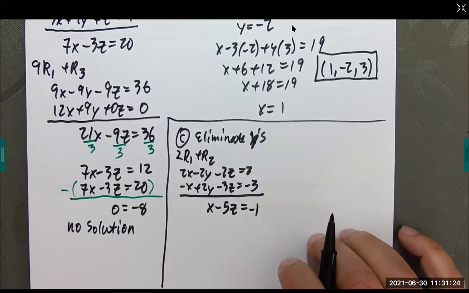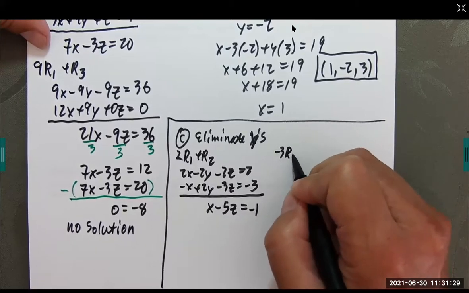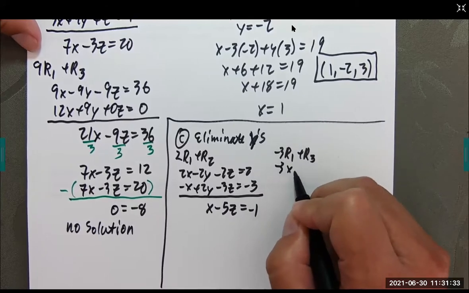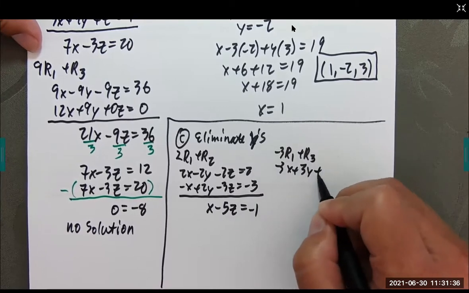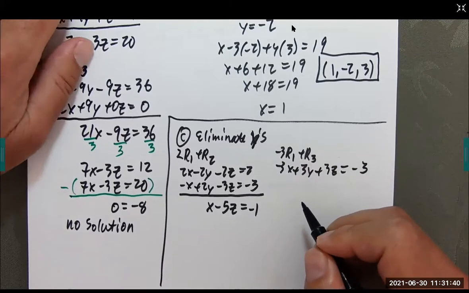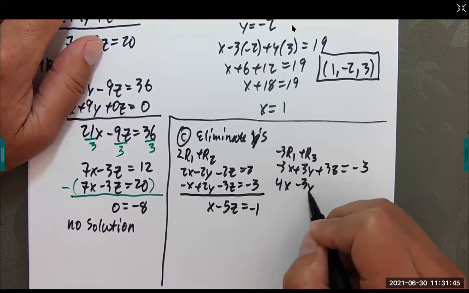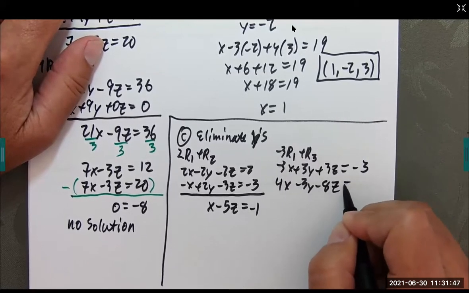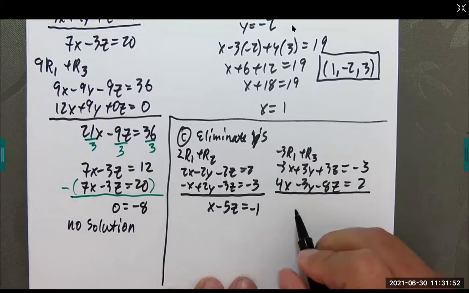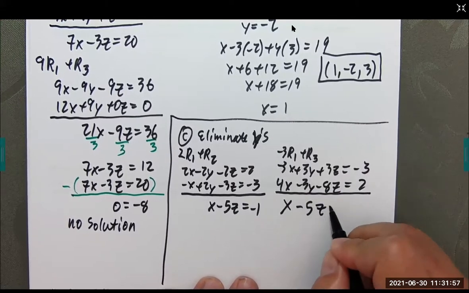So let's eliminate the y's again. And I'm going to multiply -3 times row 1 plus row 3. So looks like we get x, the y's are gone, -5z equals -1.